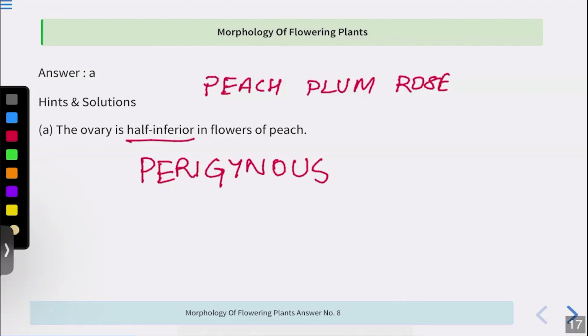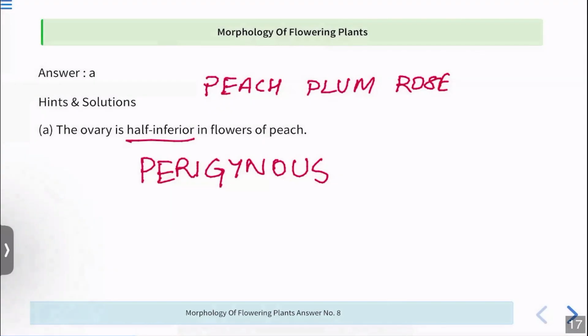Okay, the ovary is called perigynous, and this is found in peach, plum, and rose. Okay, we move on to the next question.